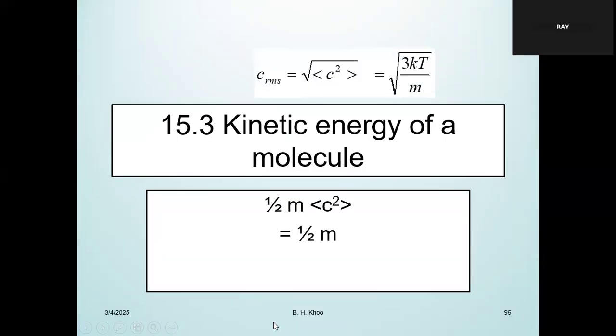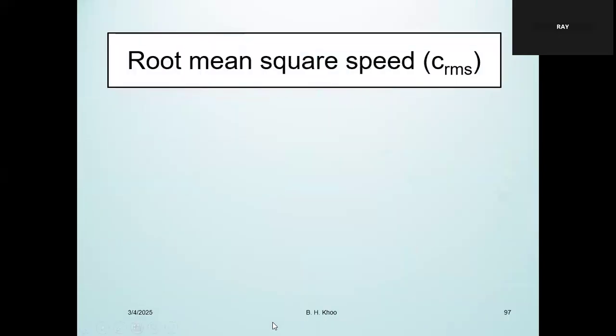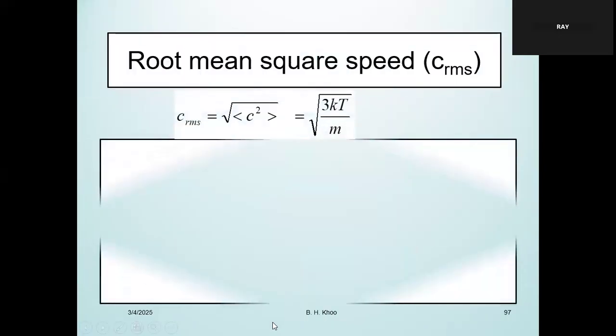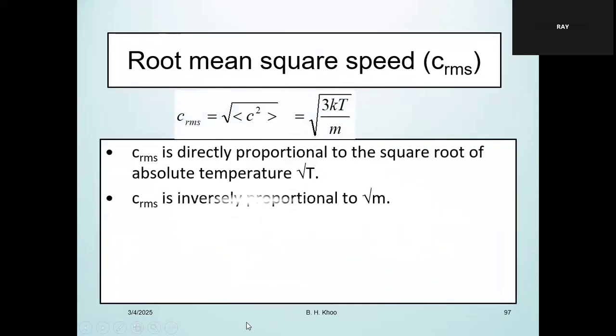Okay, so we have got all these formulas. Root mean square speed is directly proportional to the square root of the absolute temperature.